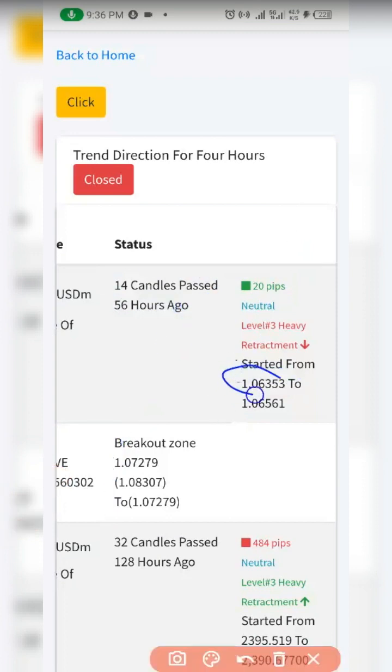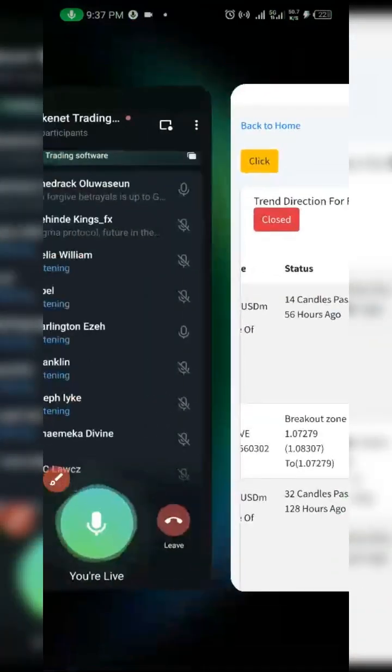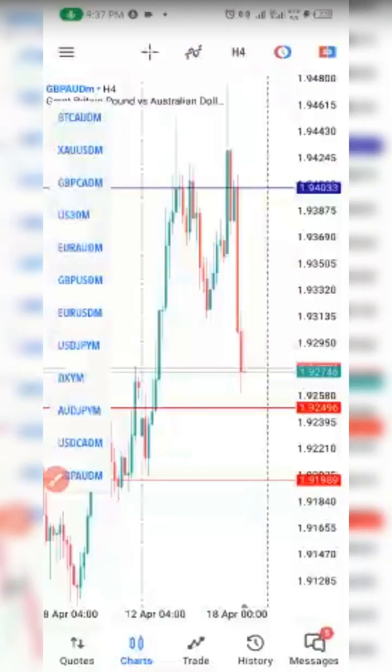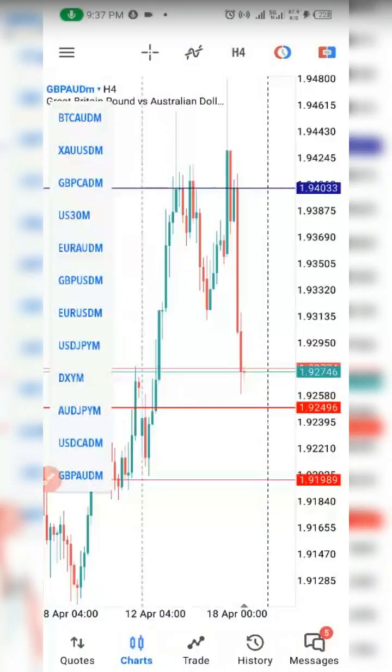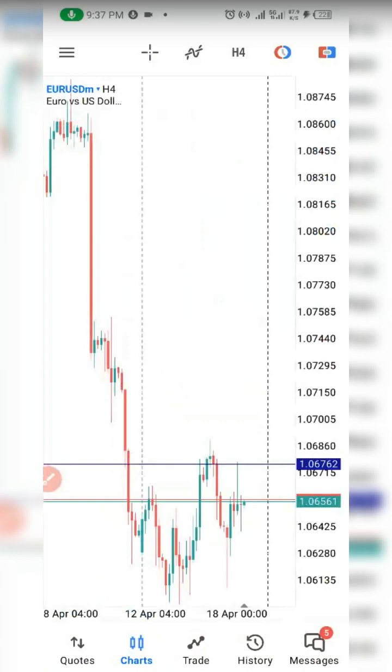So our starting point when this market started buying is 1.06353. So let me go to Euro USD. Let's see what's going on.